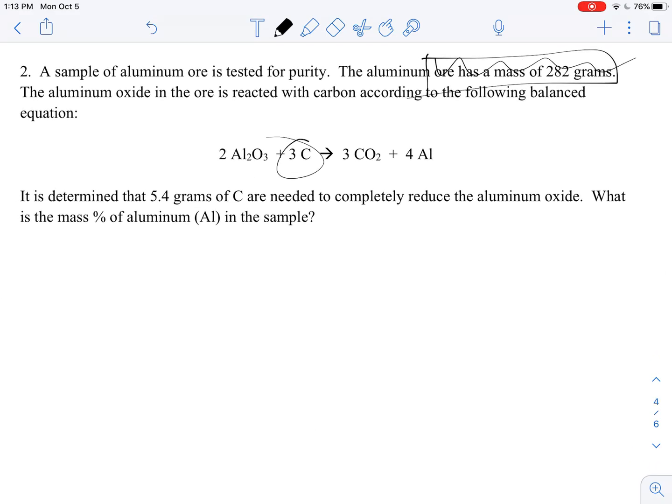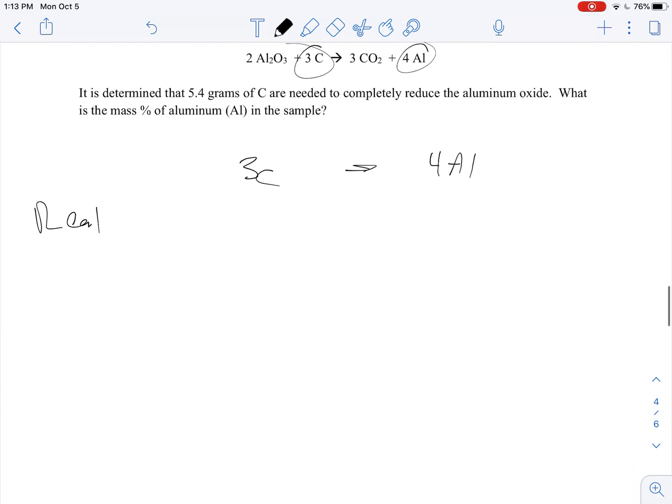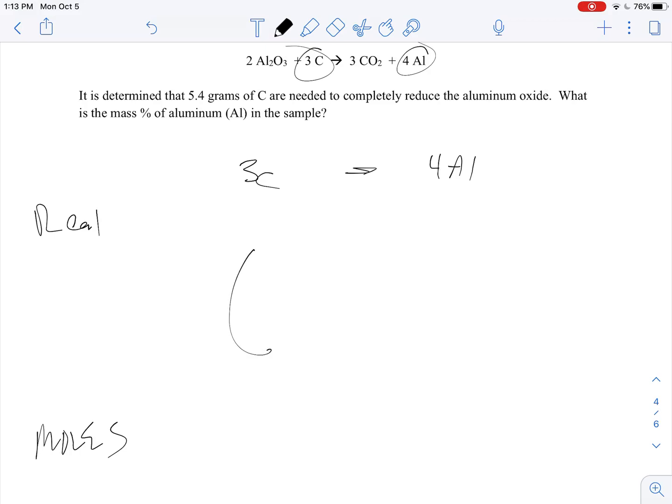Now, what did they tell you? They told you that you're going to compare the carbon and the aluminum here. So I'm going to have 3 carbons that's going to come over here to 4 aluminums. This is the real world. And then this here is moles, and we're going to have to go from there down, over, and then back up there. So what did they tell you?